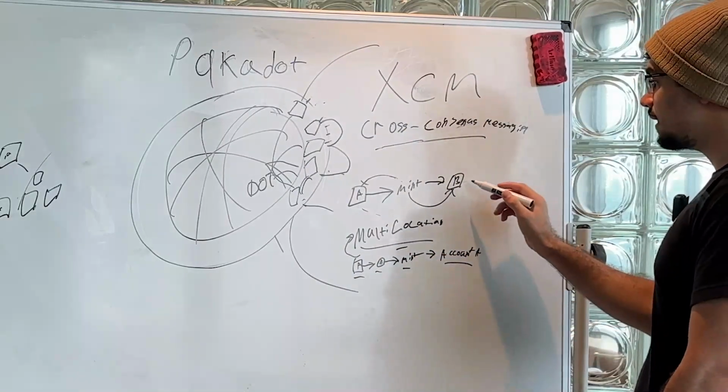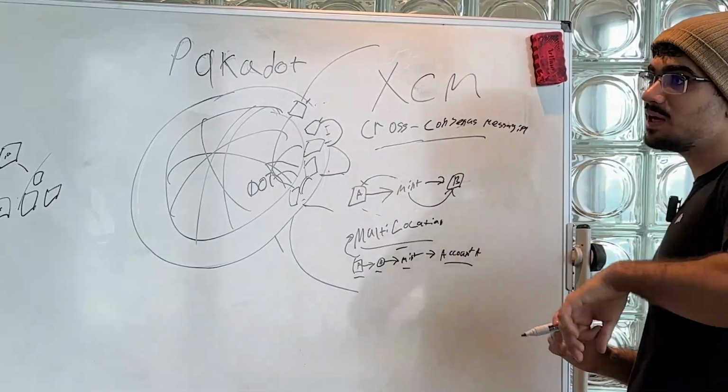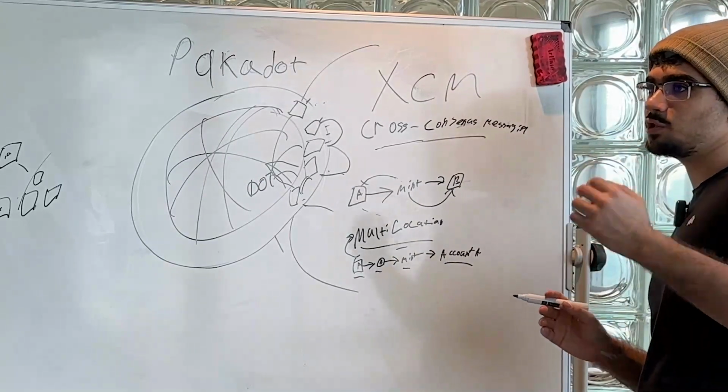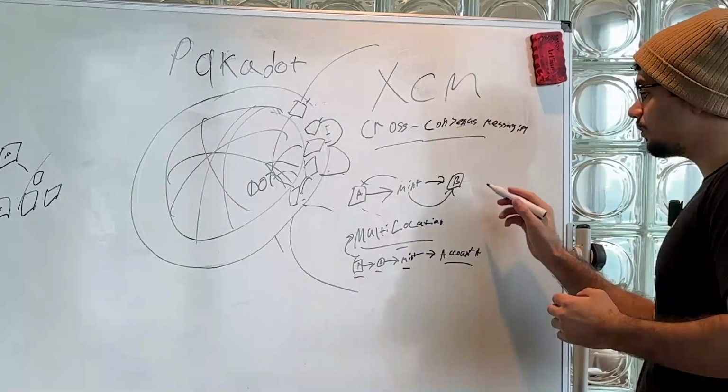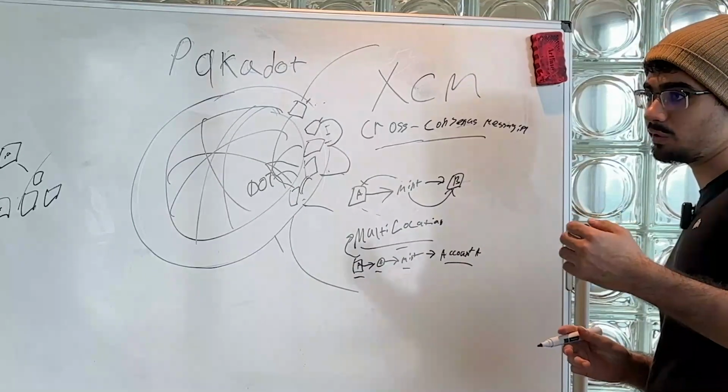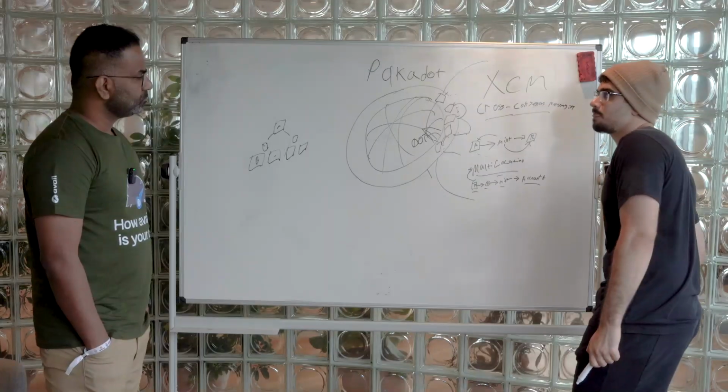Parachain B can look at those steps and ask, does this match with my XCM configuration? Do I want to allow these messages? And then it will execute these state changes accordingly if it's okay.